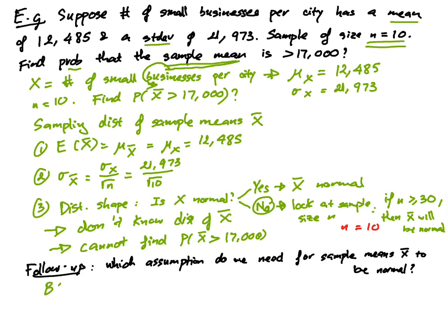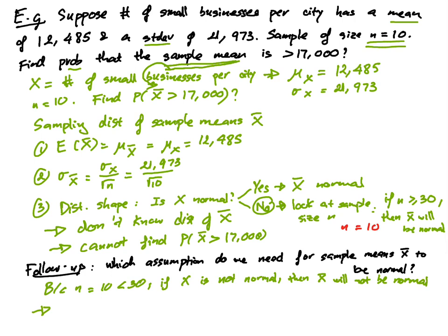So because n equals 10 is less than 30, if x is not normal, then x bar will not be normal.